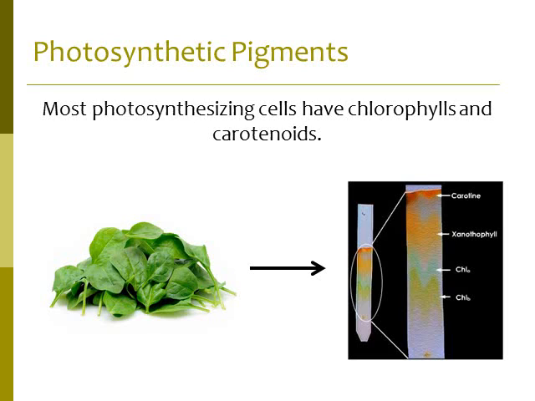Basically you grind up the spinach leaves, put that spinach juice on a paper, and then run a solvent up the paper, and that solvent is going to separate out all of the different pigments in that leaf. There's two types of chlorophyll: chlorophyll A and B, which are the green and bluish green pigments. The xanthophylls and carotenoids are the orange and red pigments that we see being separated out on our filter paper on the right-hand side.